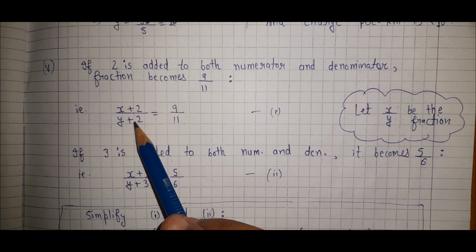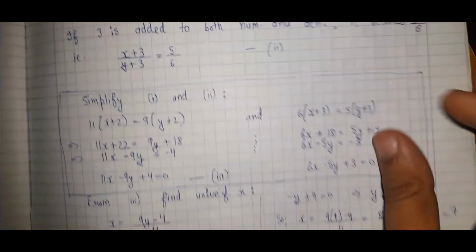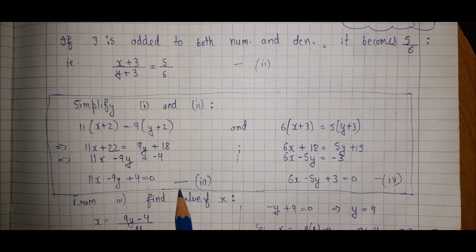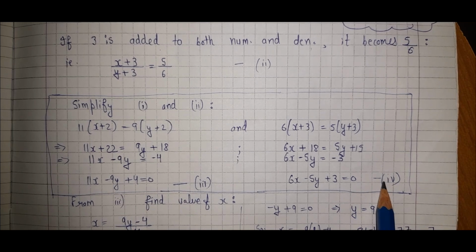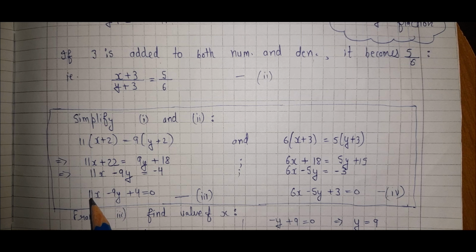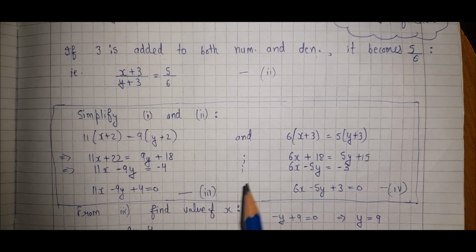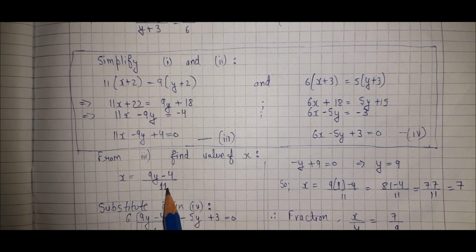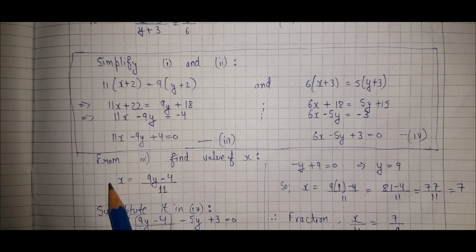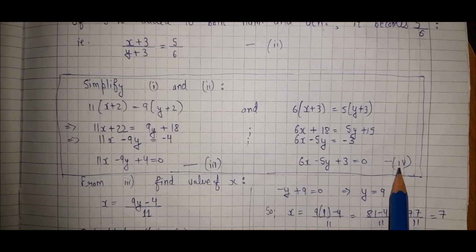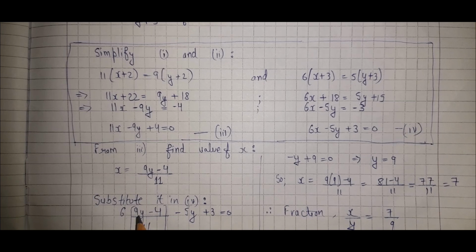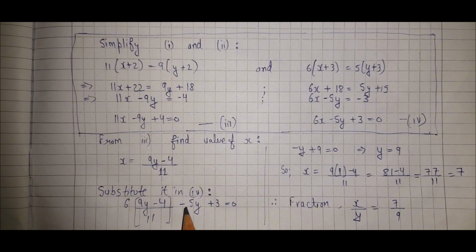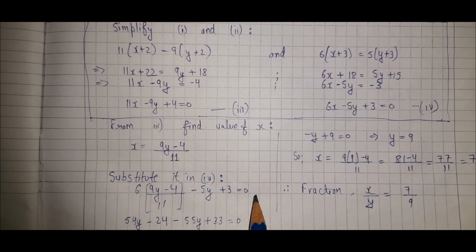Now, after simplifying these two equations, we will get equations third and fourth. Now find the value of x from the third equation. We will have x equals (9y minus 4) upon 11. Substitute this value of x in the fourth one. We will get 6 times (9y minus 4) upon 11 minus 5y plus 3 equals 0.